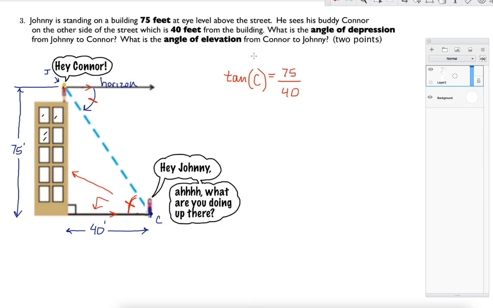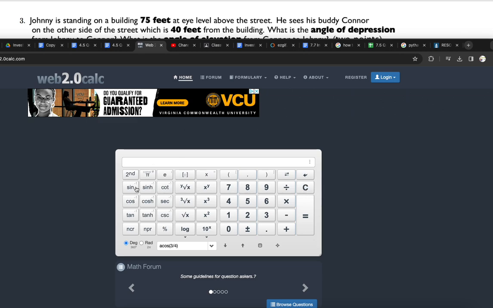We're solving for an unknown angle, so we use the inverse tangent of 75 divided by 40. That simplifies, but I'm just going to put it in as it is. The inverse tangent of 75 divided by 40. Okay, there's my preview. That looks good. Equals 61.9.